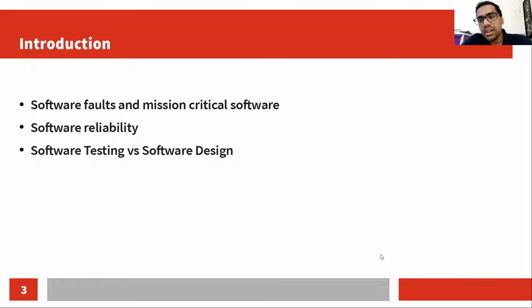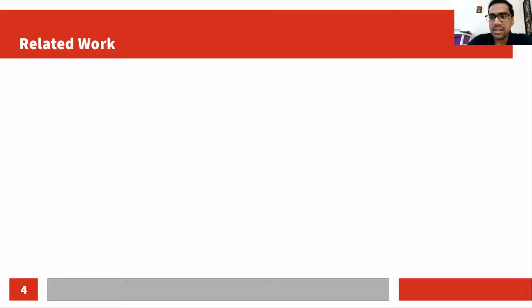In software design, we can design the software so that it is fault tolerant. That if there are any exceptions that are raised, they are handled properly. That the software is designed only that way. So of these two options, software design and software testing, software design has been seen as more effective, as we will see in the next slide.